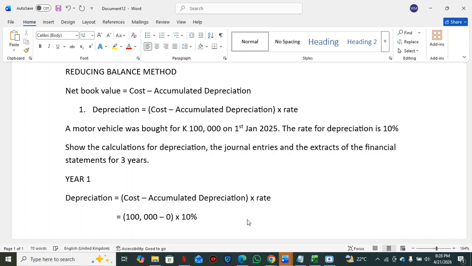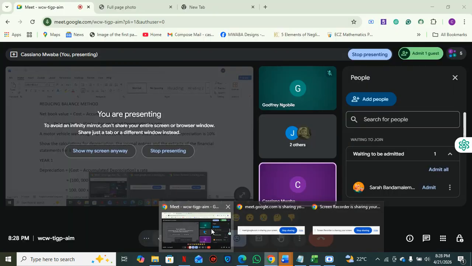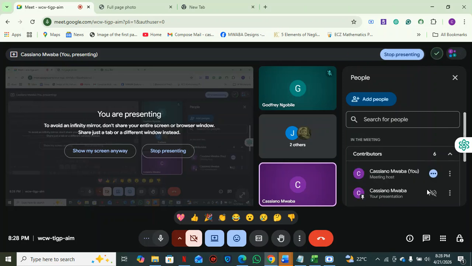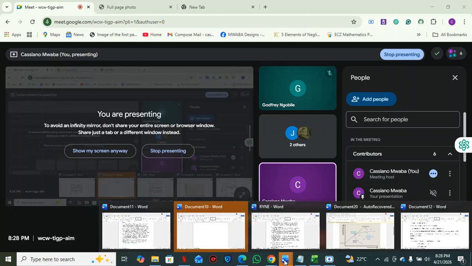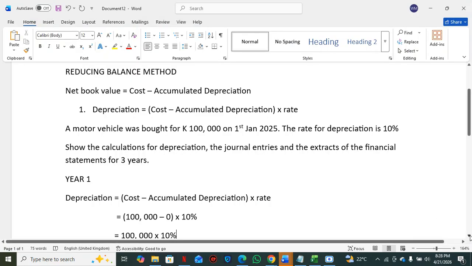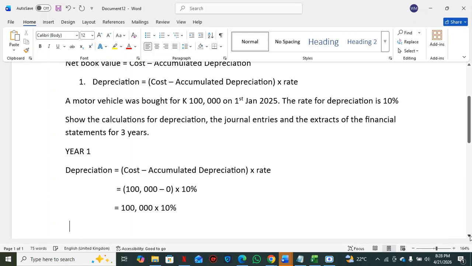So 100,000 minus 0 is 100,000, then times 10%. 100,000 times 10% is 10,000 kwacha. This is the depreciation charge for the year.